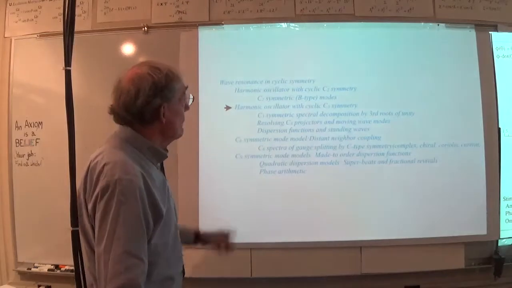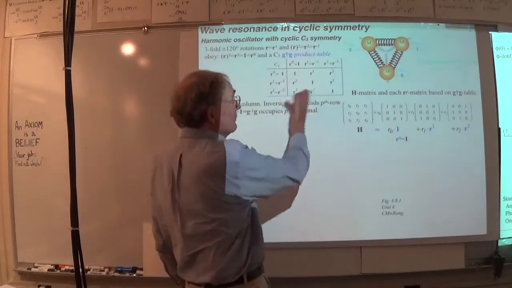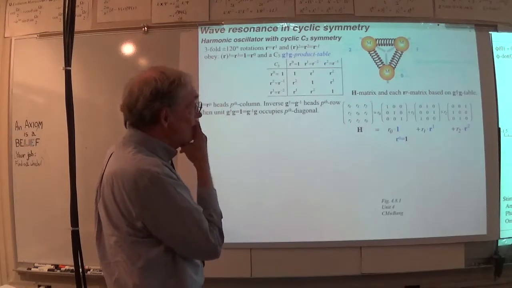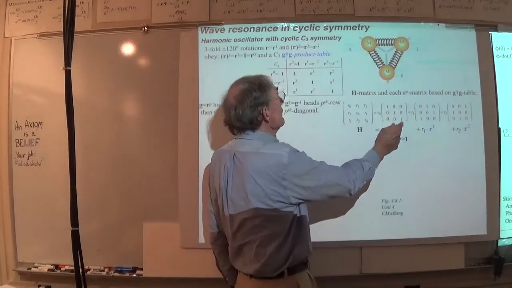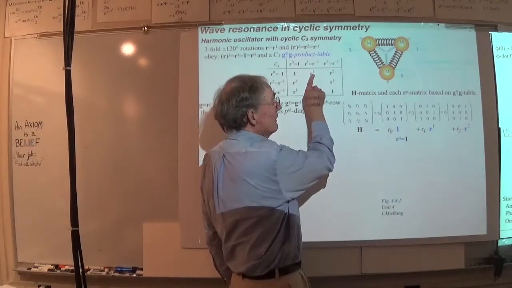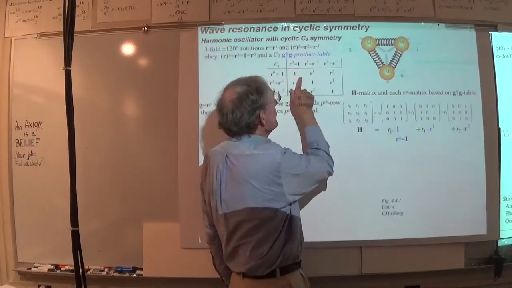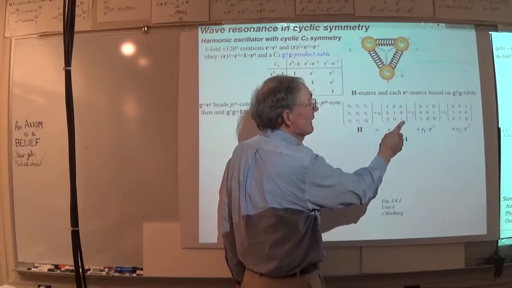Okay, so I want to do C3 this way, all right? Here's the product table for C3, okay? And what's neat is that all you have to do to build a matrix that represents, say, R1, okay? Well, 1 first is very easy. There's a 1, there's a 1, there's a 1, so you put an actual numerical 1 there, there, and there.